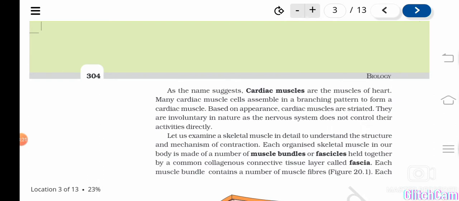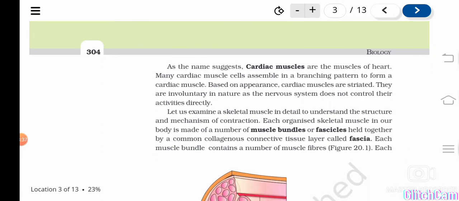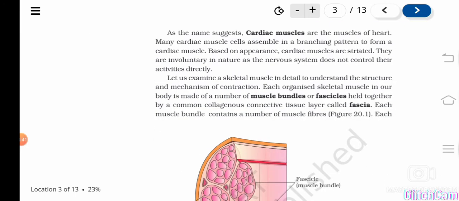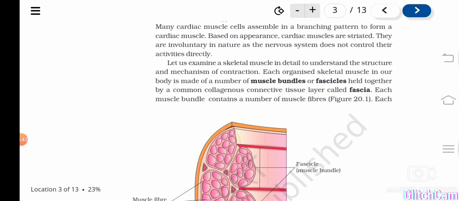Skeletal muscles form bundles. A number of skeletal muscles form a bundle, called muscle bundles or fascicles, and they are covered by a collagenous connective tissue called fascia.